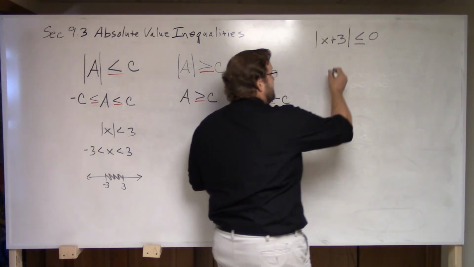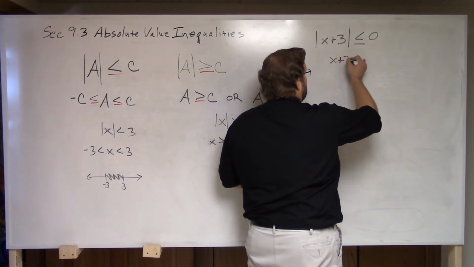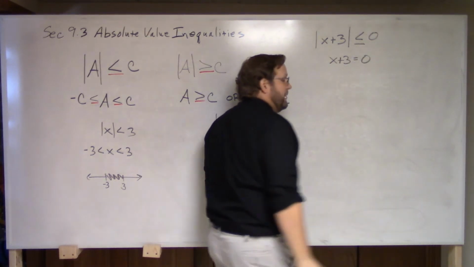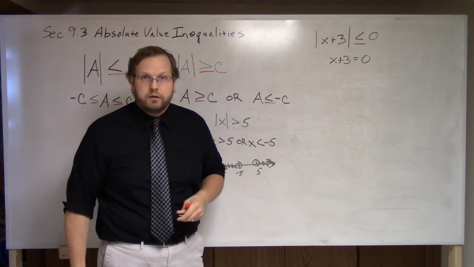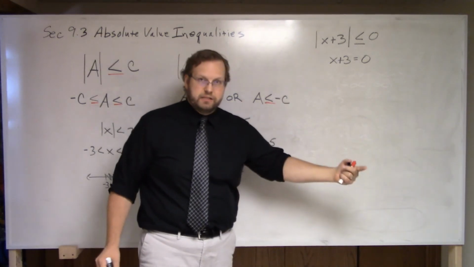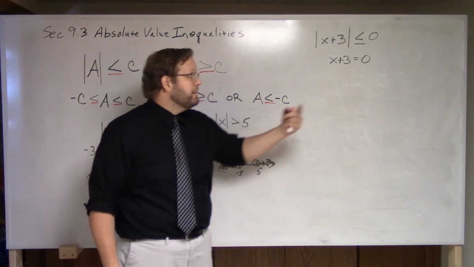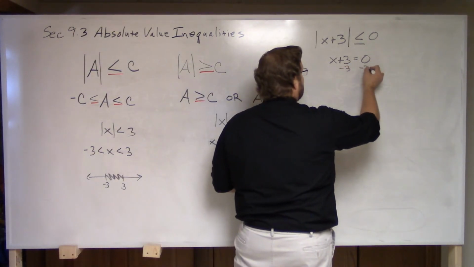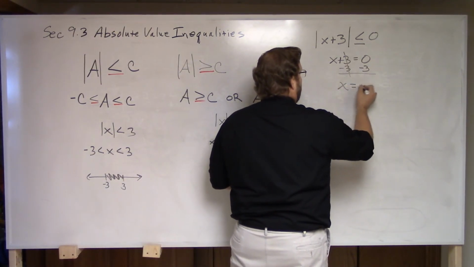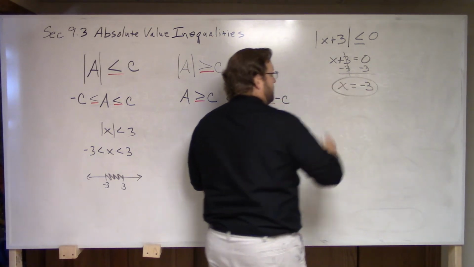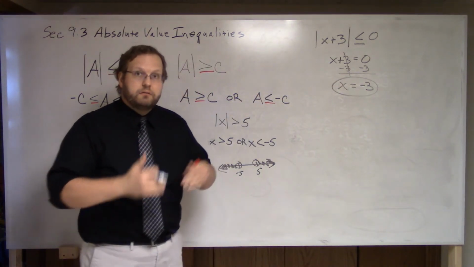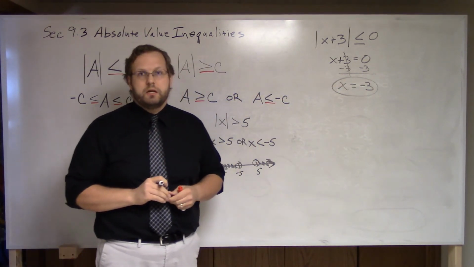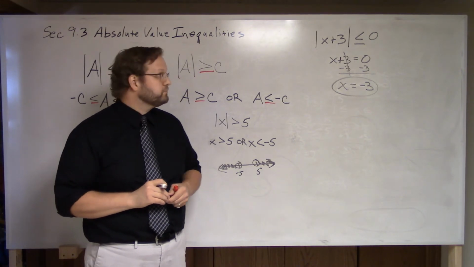So in this case, I want to know when that's going to happen, because that will work. I can never make the less than 0 part work, but I can make the equal to 0 part work. So I'm going to subtract 3, and that turns into a single number that we're going to use as our answer.